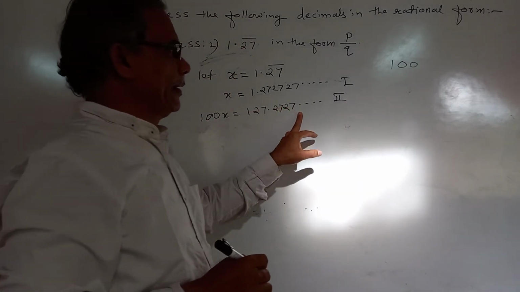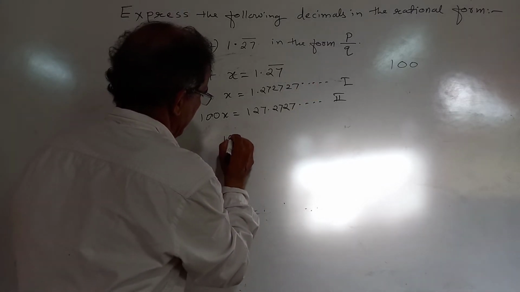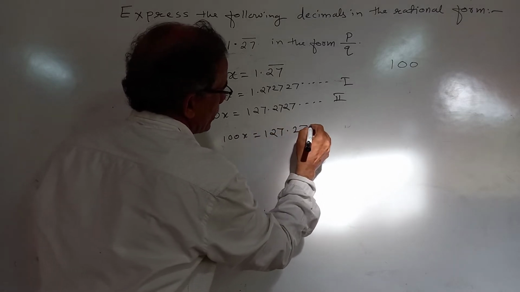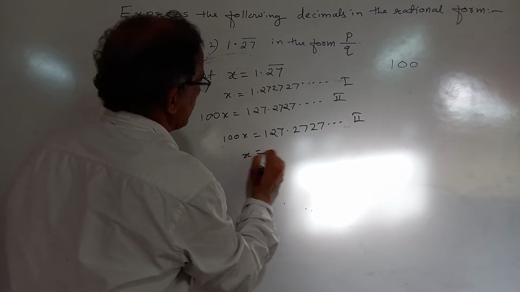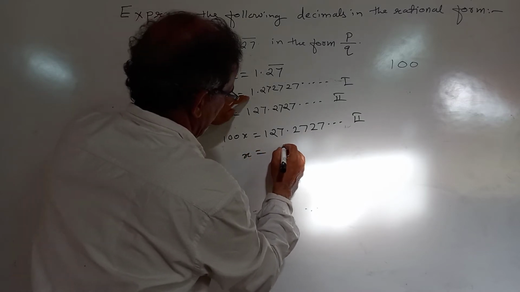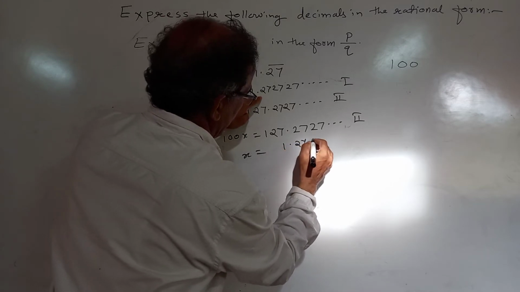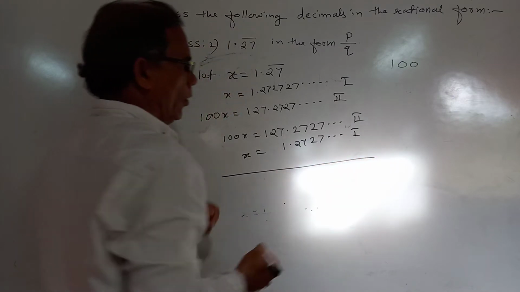Now from the second, you subtract the first. So write again 100x is equal to 127.2727. And x is equal to 1.2727. This is the first. What shall we do now?